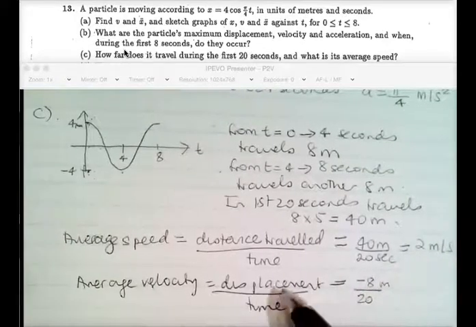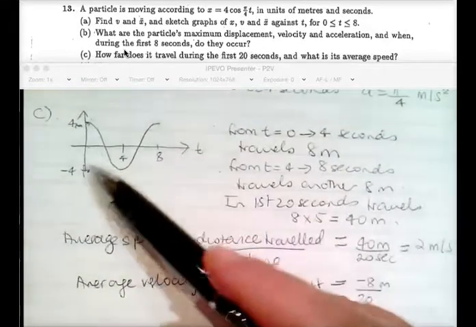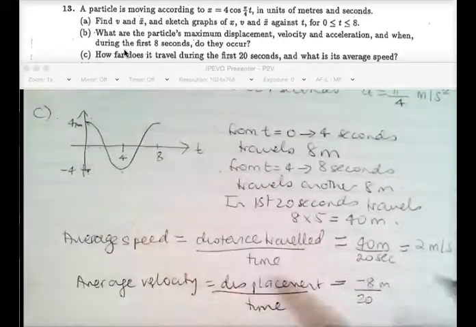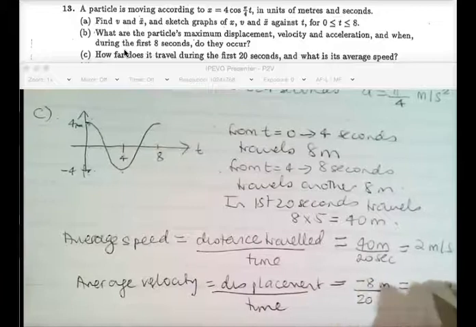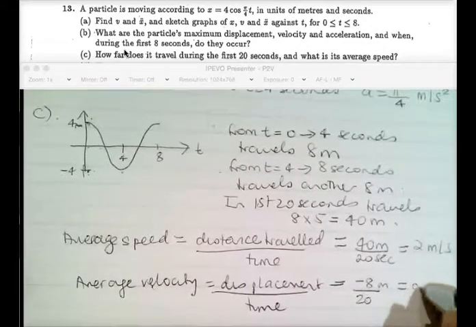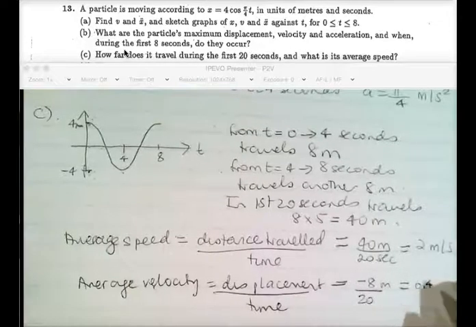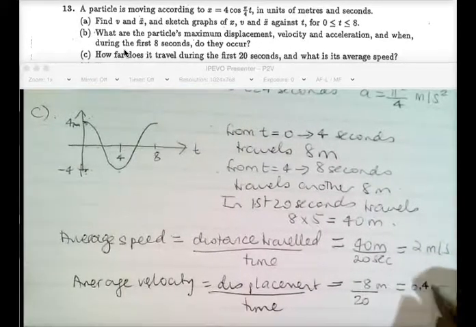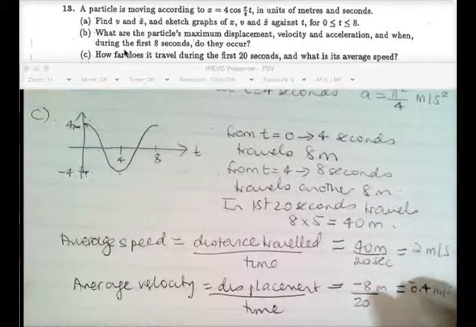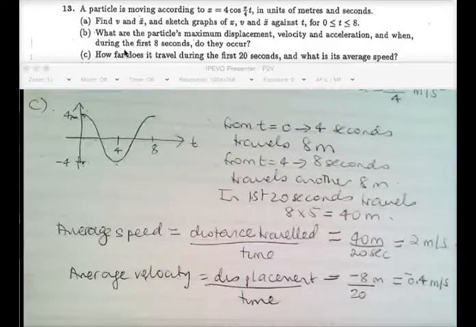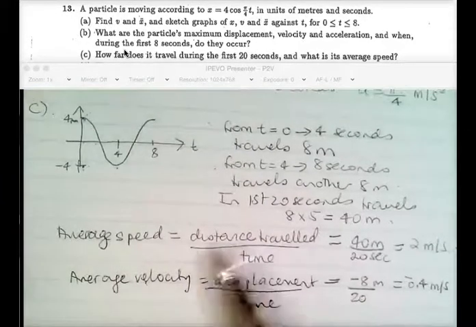Now that's 4/10, yeah, it is 0.4. It's 2/5 meters per second, and it's -0.4 meters per second. So average velocity is very different to average speed.